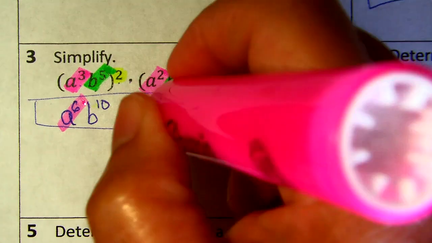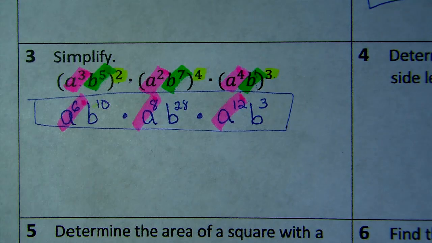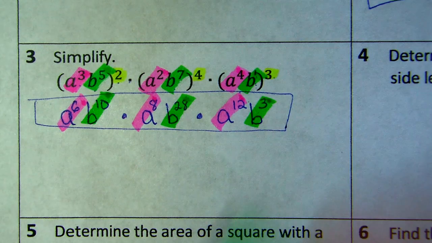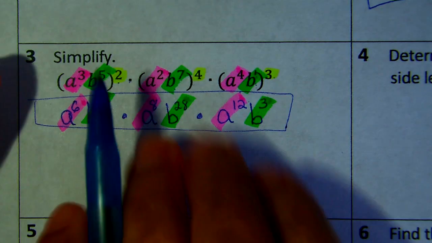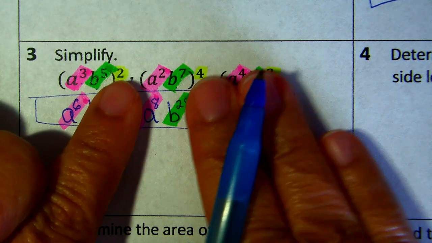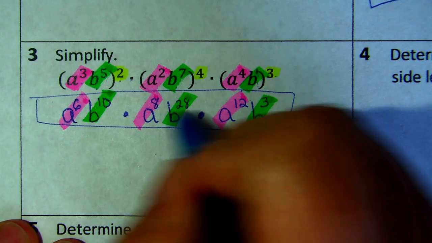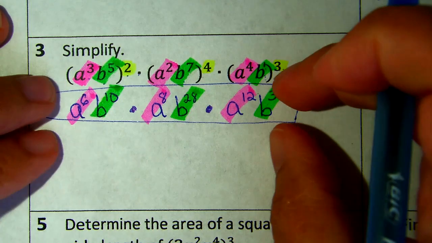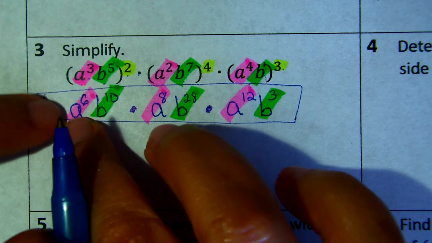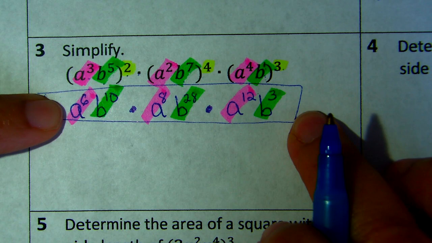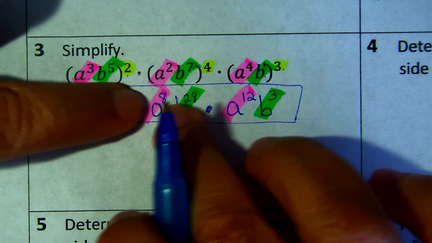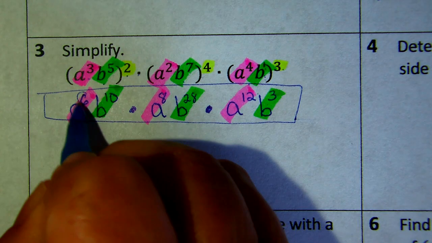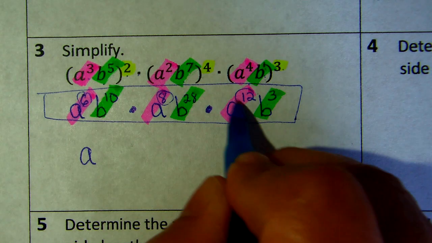We have the A's, we have the B's, and this is multiplying this and multiplying this. That's what these dots represent. So now we go back to our previous law. Since everything is multiplying, when you multiply, what do you do with the exponents? You add them. So for the A, you're going to add 6 plus 8 plus 12.